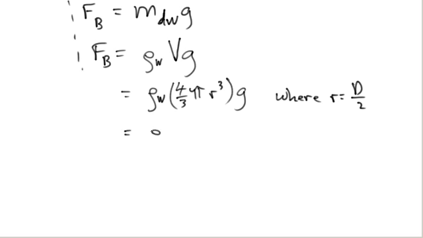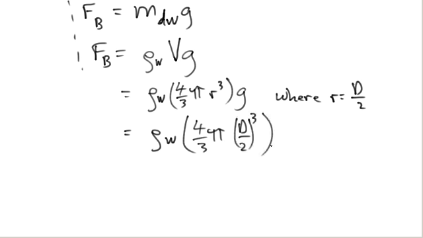This is equal to density of water times volume of the ball, which is the volume of the displaced fluid, 4/3 pi times d over 2 quantity cubed, and then times g. So that's an 8. 4/8 is a half, so you got a 6 pi d cubed over 6.